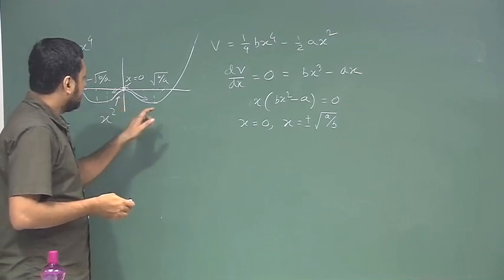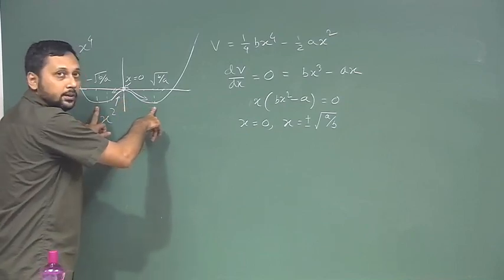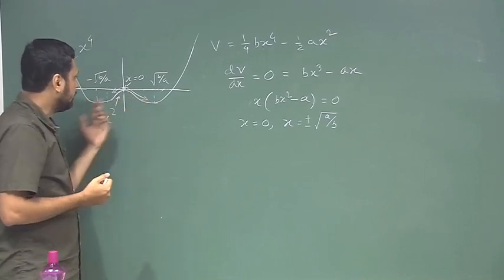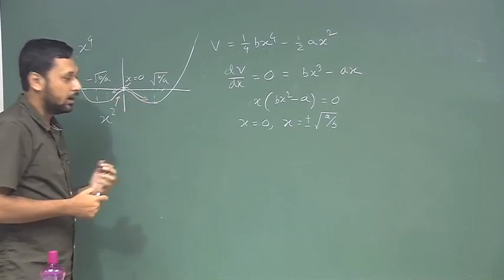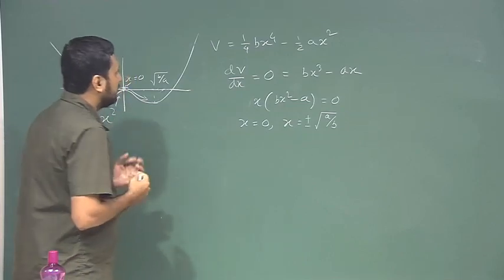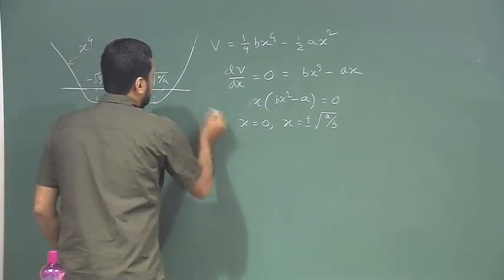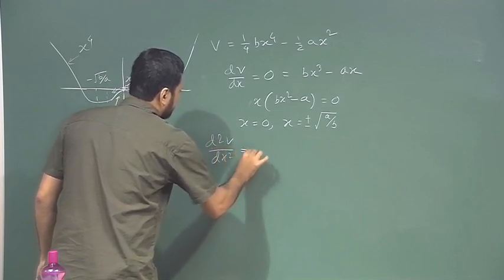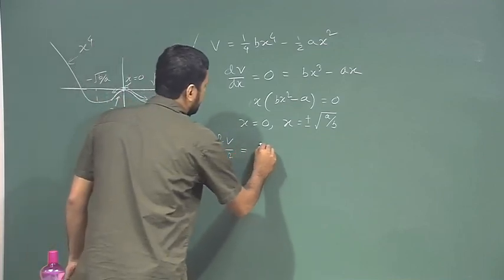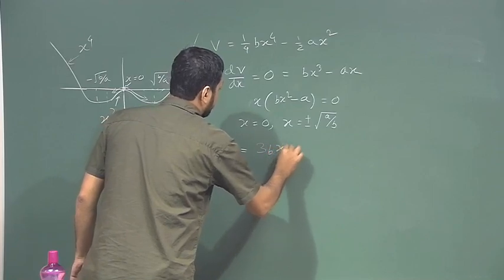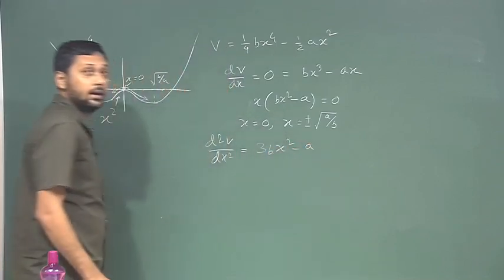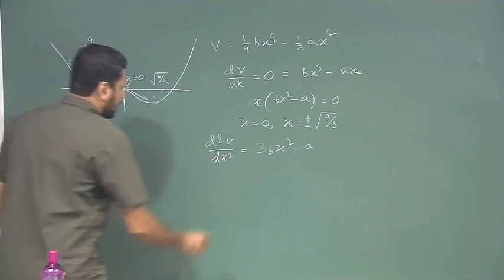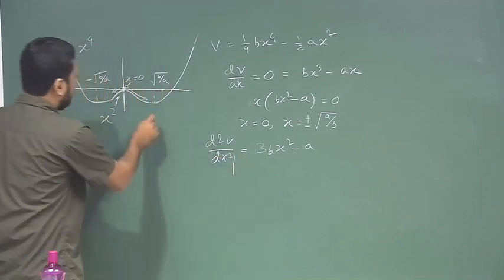And also we can say that because these two minimas are exactly identical to each other, we will have equal frequencies in these two. Okay. Now, in order to calculate this frequency, we need to take the second derivative, which will be 3 b x square minus a, and we have to compute d2V/dx2 at one of these.